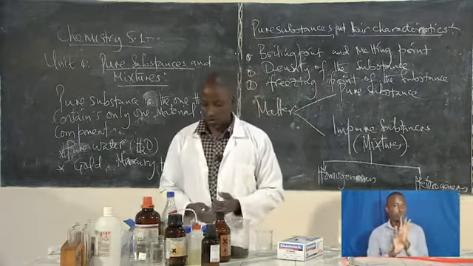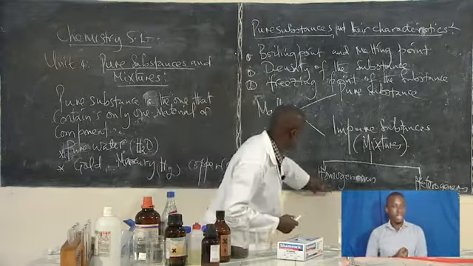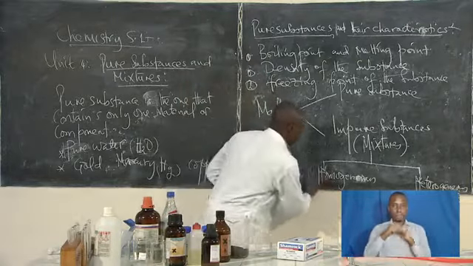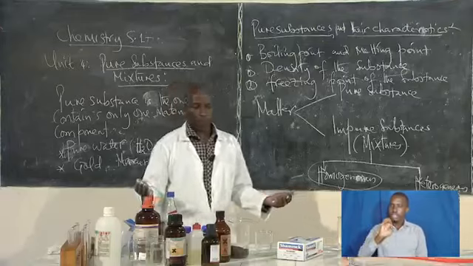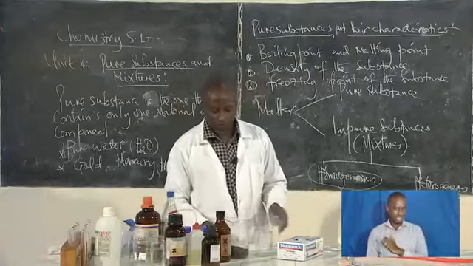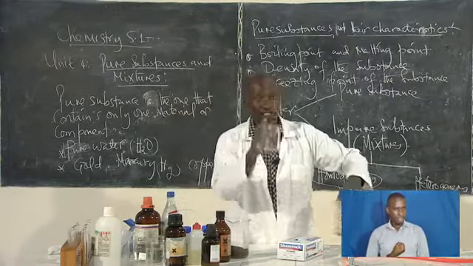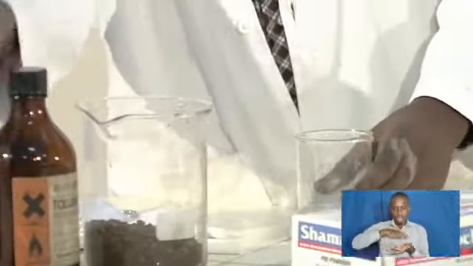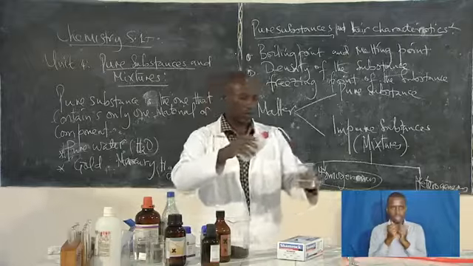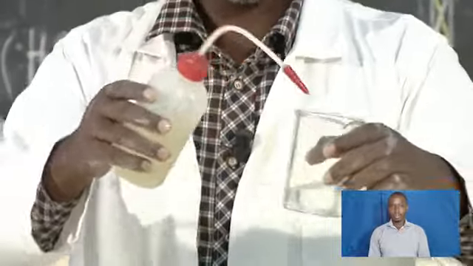For example, we are just going to look at what are the homogeneous substances? If I have this, I said this is the water, and then I mix it with this, which is another liquid.